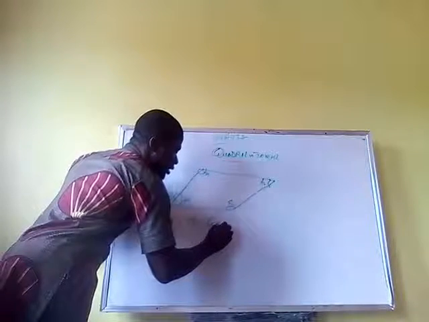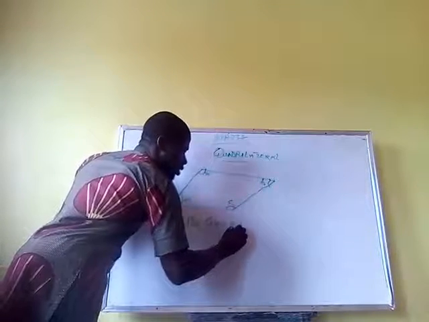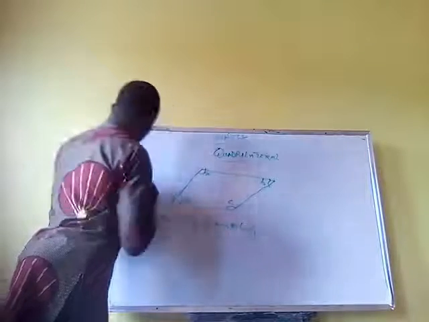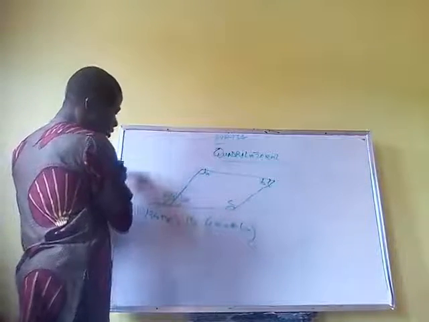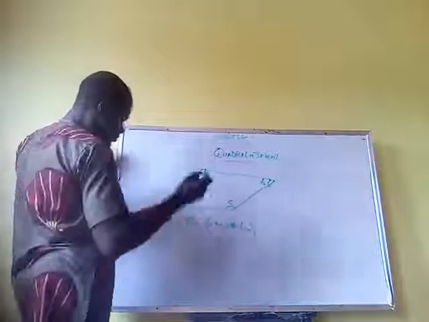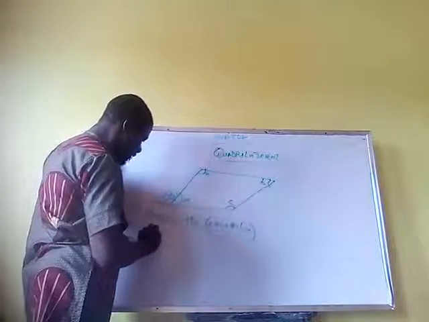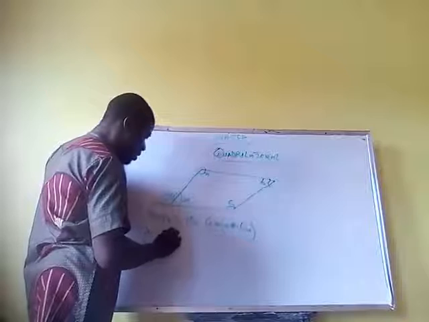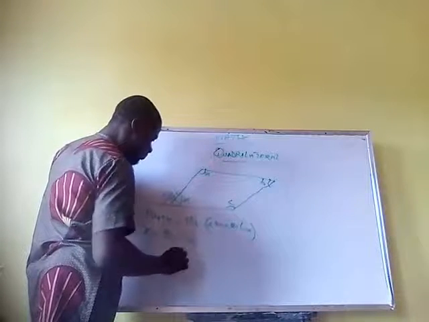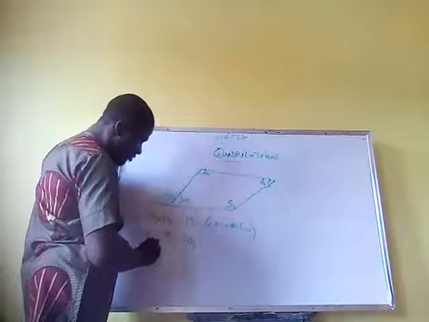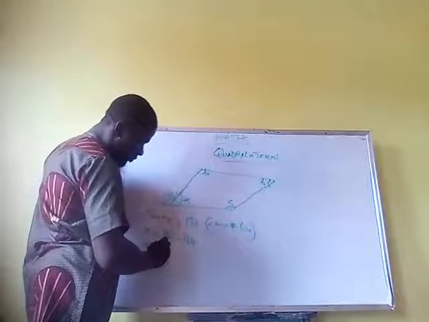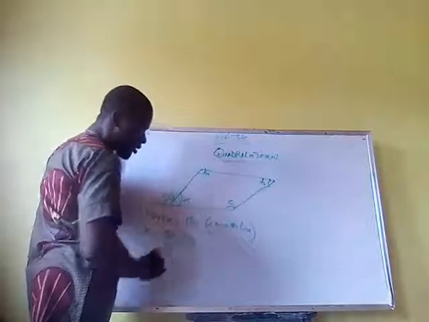Angle on a straight line. So if you agree with me on this, we collect like terms. X is equal to 180 minus 124. X is equal to 56 degrees.